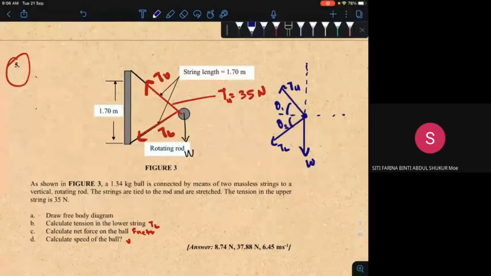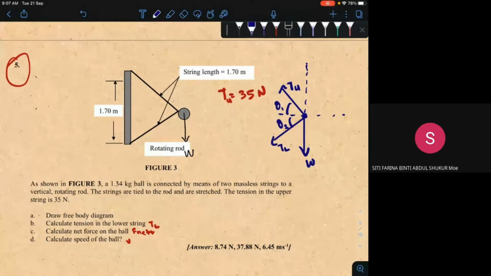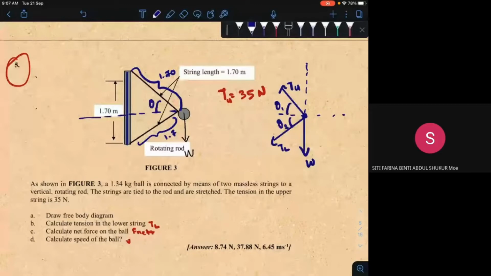However, kalau kamu perasan dekat sini, dalam diagram ni, you have the length of the string sebanyak 1.7 meter on both sides. Kedua-dua ni 1.7 meter. And then panjang rod ini adalah 1.7 juga. So theta dekat sini, you're forming two triangles atas dengan bawah.